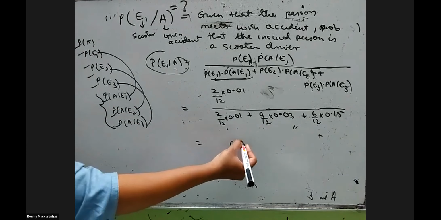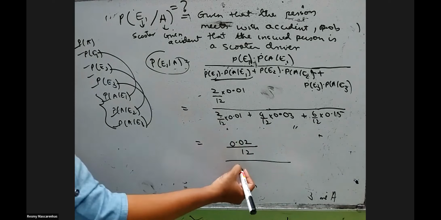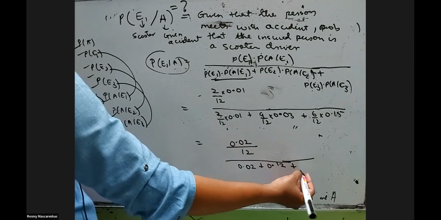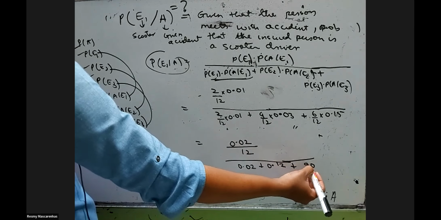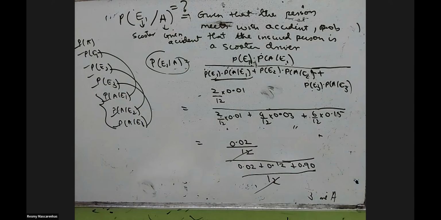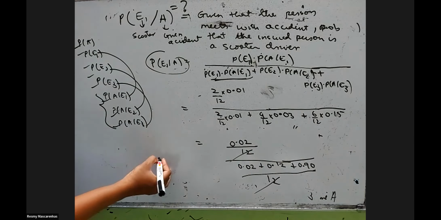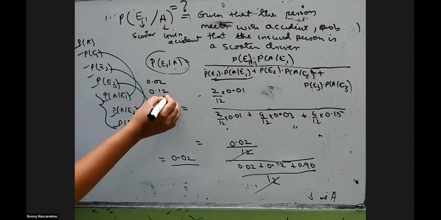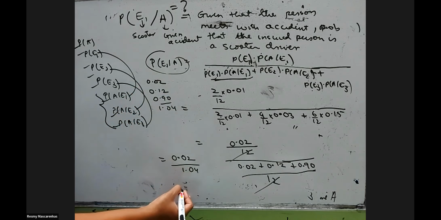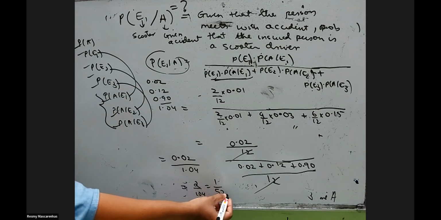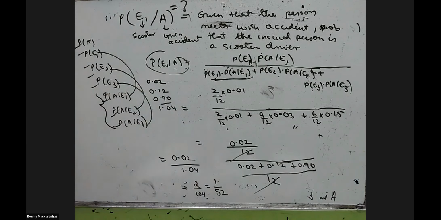Everywhere 12 is common. Add all the answers. Two decimal here. This is the answer.